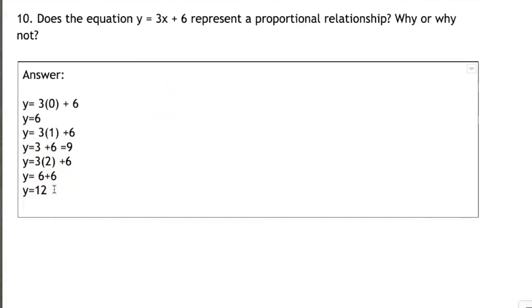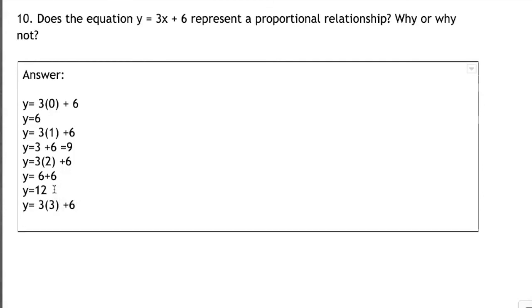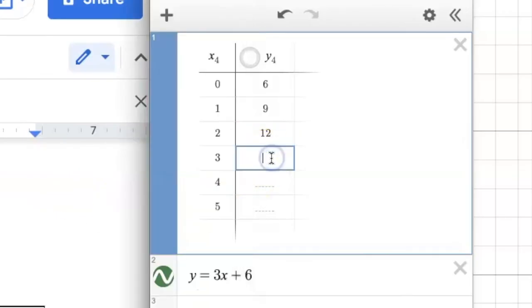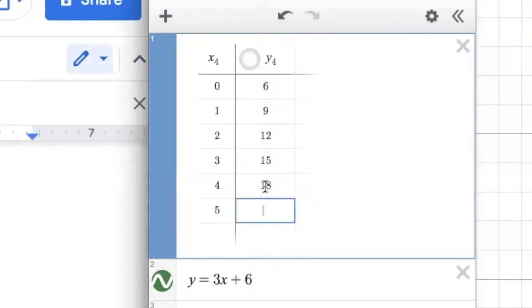The next one. Y equals 3 times 3 plus 6. Y equals 9 plus 6. Y equals, what's 9 plus 6? 15. Okay, so 6, 9, 12, 15. It looks like we're going up by 3s. So yes, we're going up by 3s, so that'll be 21.